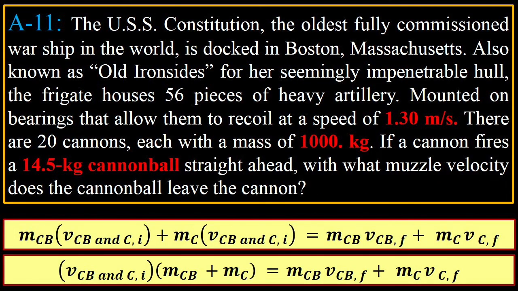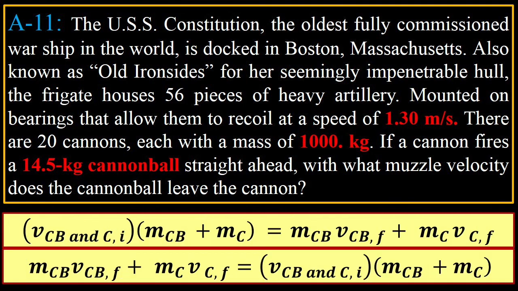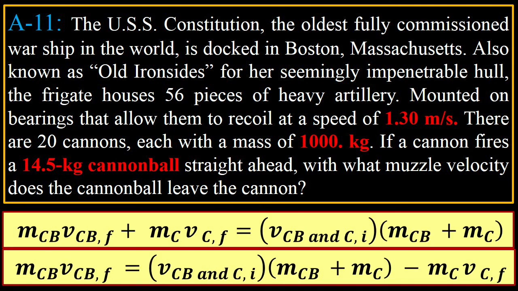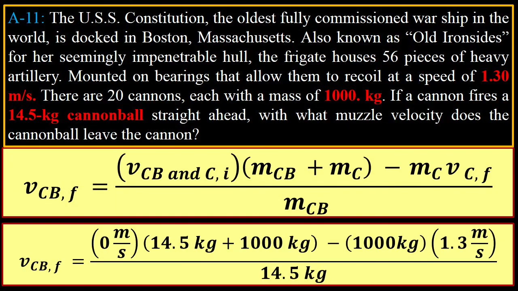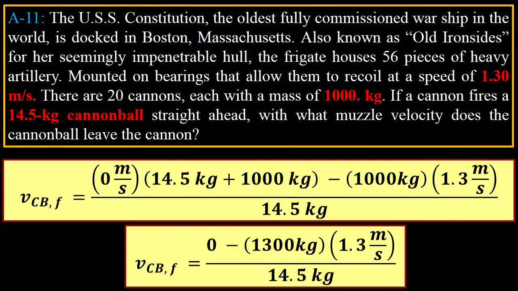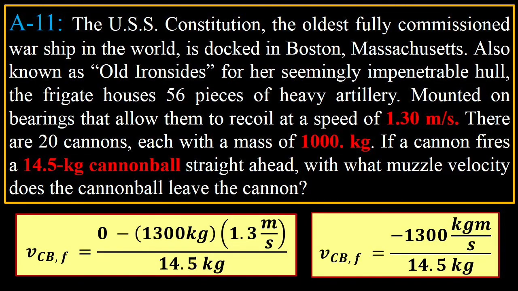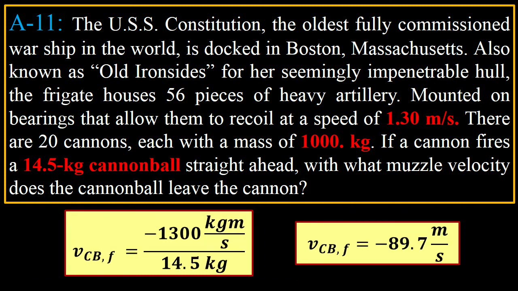So like before, it is the sum of the initial and final momenta. And all I'm doing here is going a little bit more quickly and solving for the final velocity of the cannonball. You see that it's going to be negative because the recoil was said to be positive, so it's simply the opposite way around.